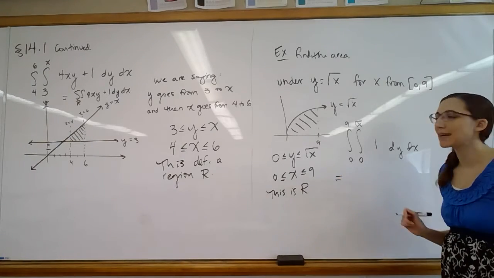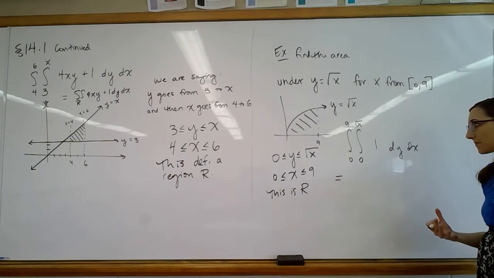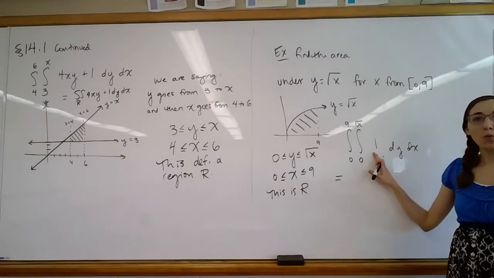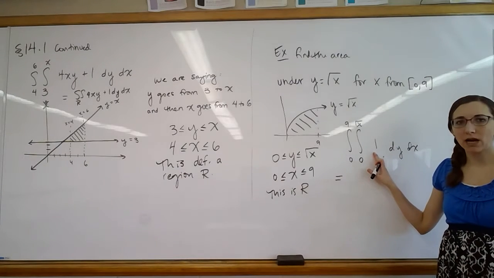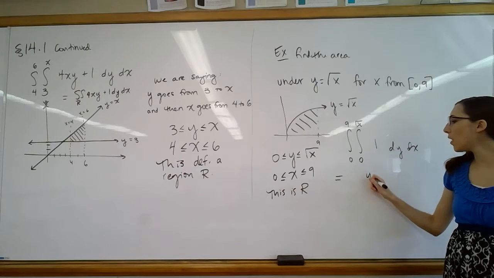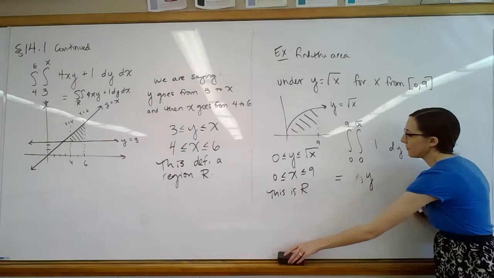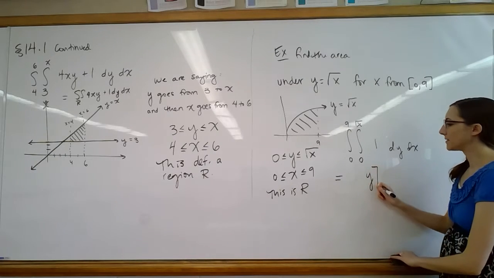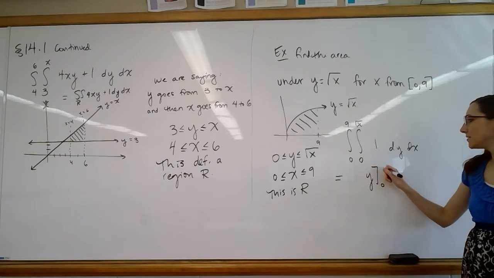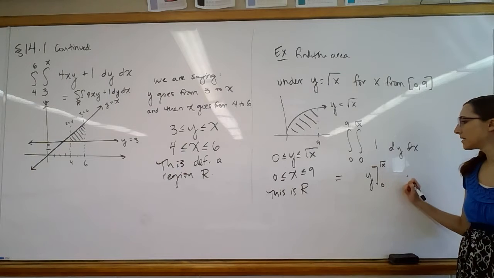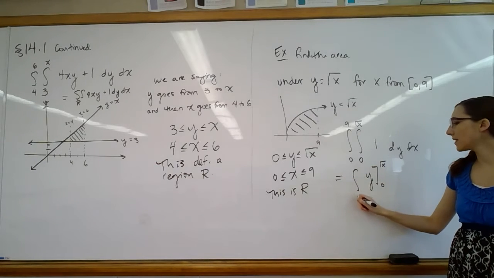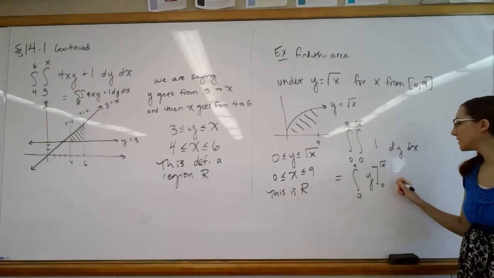When I integrate 1 with respect to y, 1 is just a constant, so that's going to bump up to a y, and that has the bounds 0 to square root x. This is still inside of the integral from 0 to 9 dx.